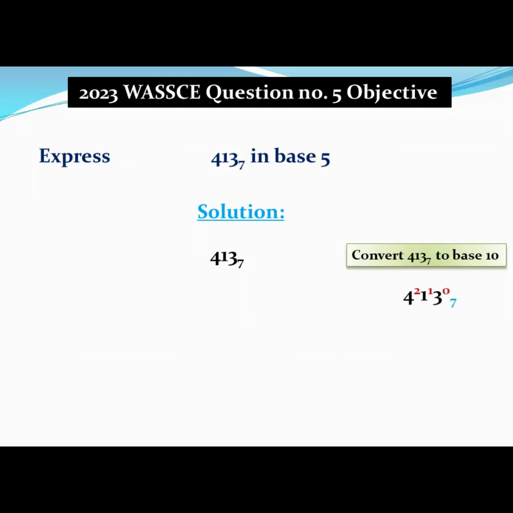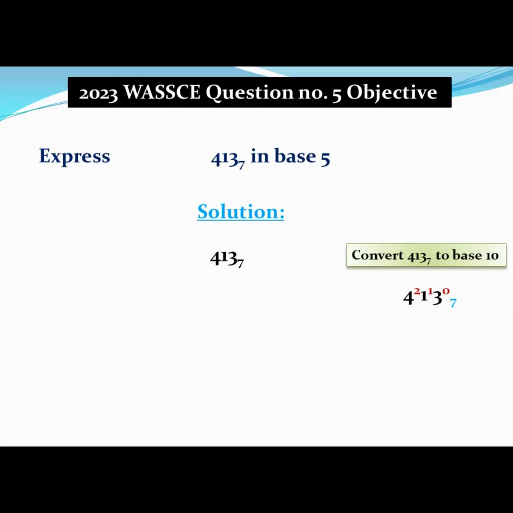Now, by converting to base 10, we need to look at this. I take my counting from 0, from the right of the digits. We have 3 digits here: 4, 1, 3.